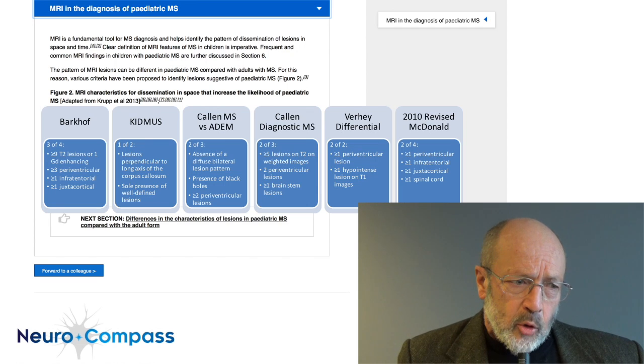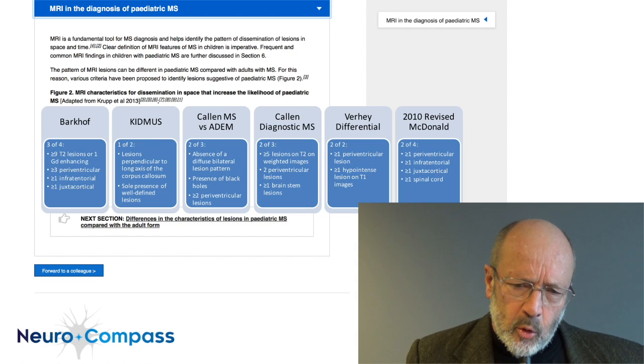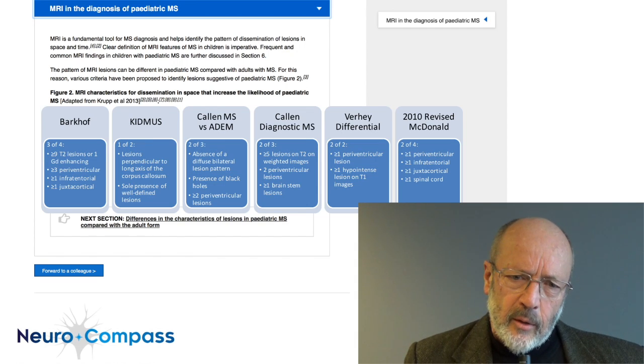So in the future it could be useful to use these criteria for patients with the first episode suggesting multiple sclerosis.